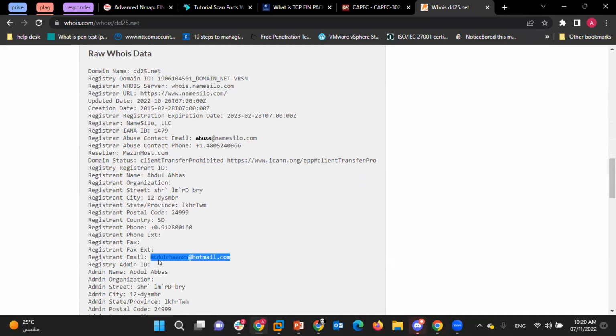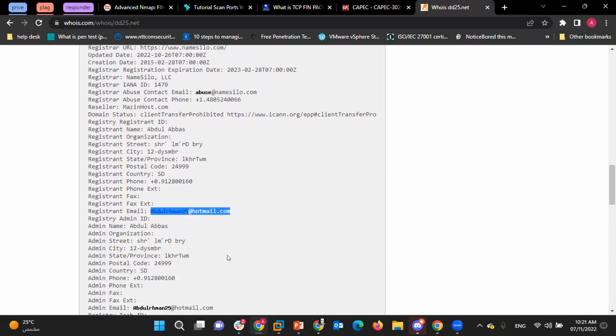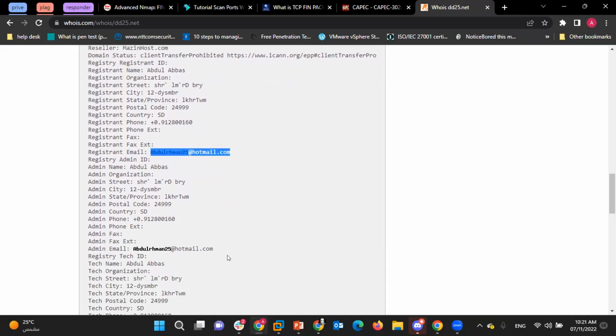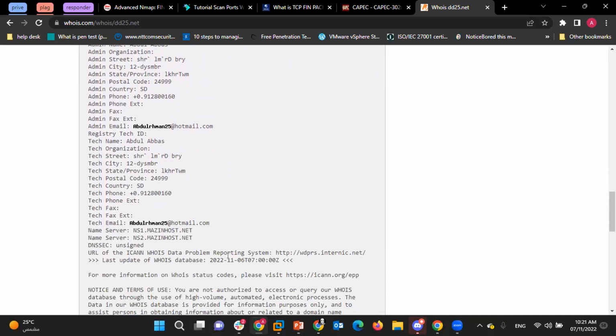Look, this email and this email are different. Here is his phone number. This is the abuse email, and this is his own email. This email is for the authorized person of this site, with his name and phone number, all of the data.